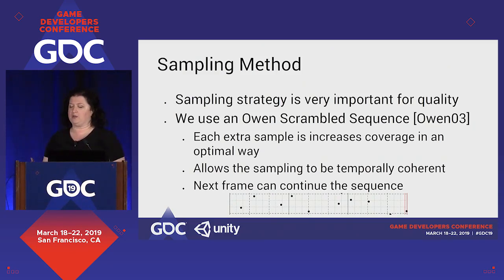A lot of quasi-Monte Carlo computations rely on this sequence and then scramble it through permutation, which allowed them to originally maintain the low discrepancy. Each extra sample increases the coverage in an optimal way and thus allows sampling to be temporally coherent. The next frame continues to build the sequence, and this is the sequence that we do in time.